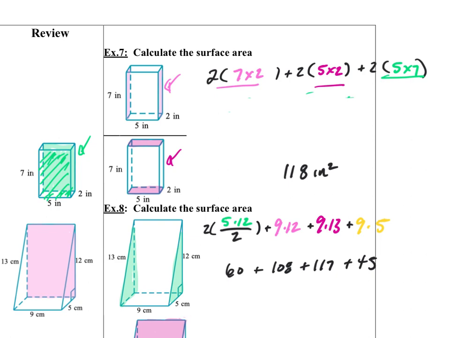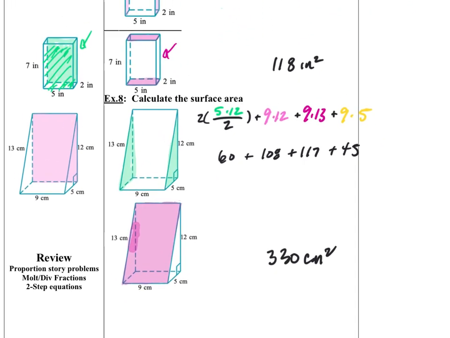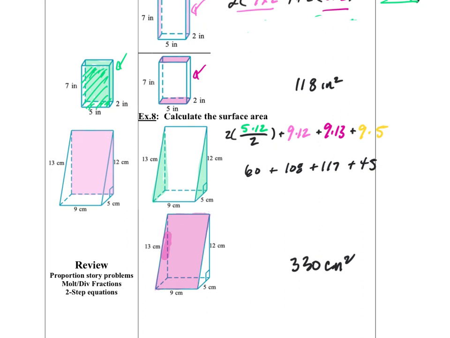Okay. And on the second one, you should have come up with 330 centimeters squared. And again, I've color coded things so you can see that you have two triangles, which basically you're multiplying by 2, but you're also dividing by 2. So you have 60. And then you have a 9 by 12, which is this right here.